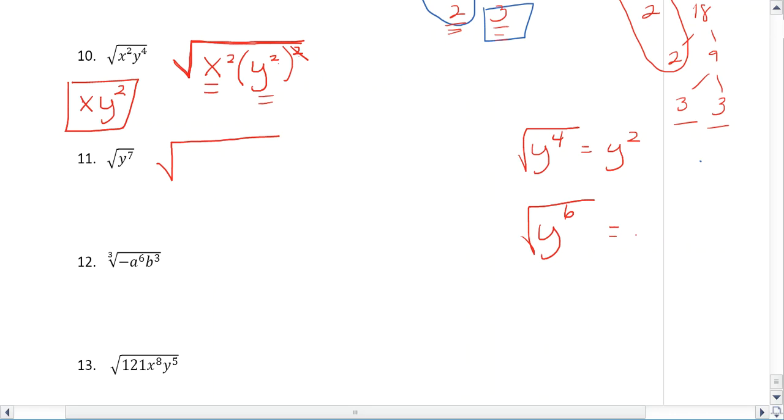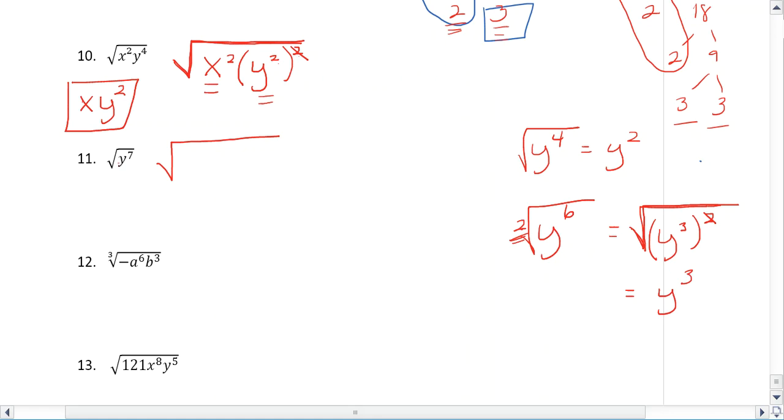It's because it divides by 2. So let me write this as y to the third squared. Think about that for a minute. This square root undoes this square, so the square root of y to the sixth is y to the third, again because it divides by this root.